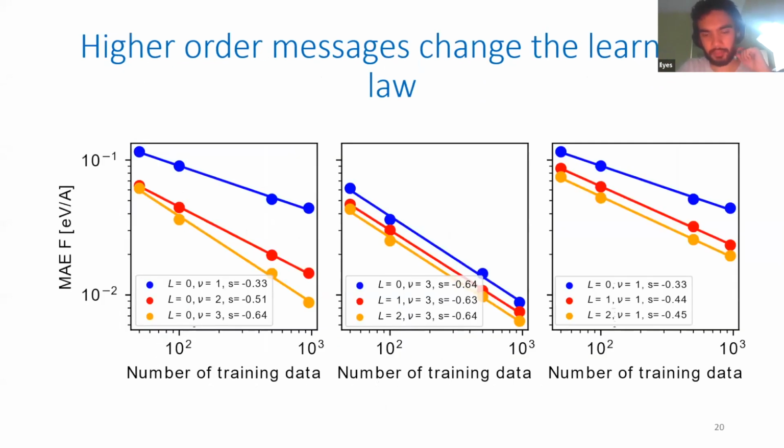Then one thing that was very cool in the Nequip paper were the learning curves. It's a way to study data efficiency. The way you do that is you plot the absolute error of your network with respect to the number of training data.